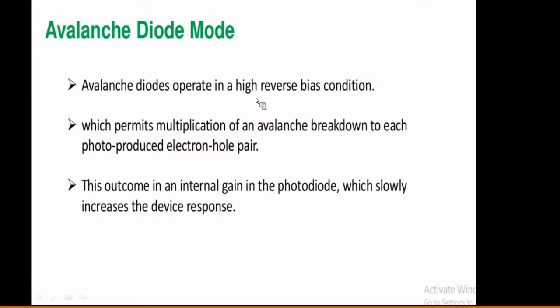The avalanche diode operates in high reverse bias condition, with higher reverse voltages. This permits avalanche multiplication for each photo-produced electron-hole pair. This results in an internal gain in the photodiode, which slows the device response. This is for the avalanche diode.